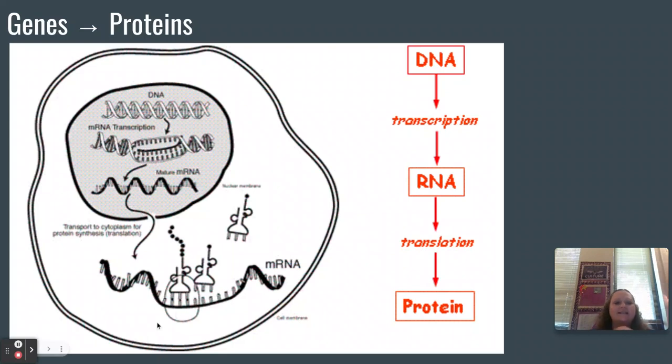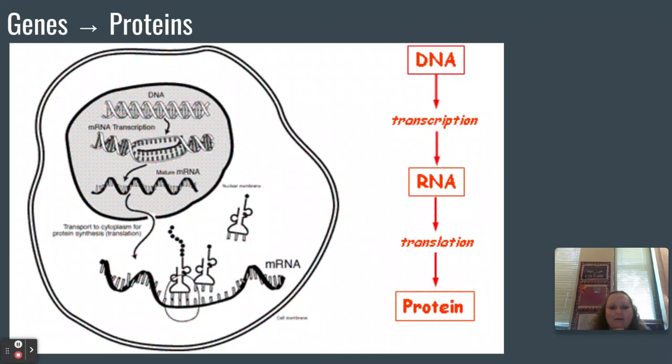So the mRNA segments pair again: A pairs with T, C pairs with G, the same idea, with the exception that in the mRNA and in the tRNA, we no longer have T, we only have U. We have uracil replacing the T. So they're going to pair up based on complementary sequences.